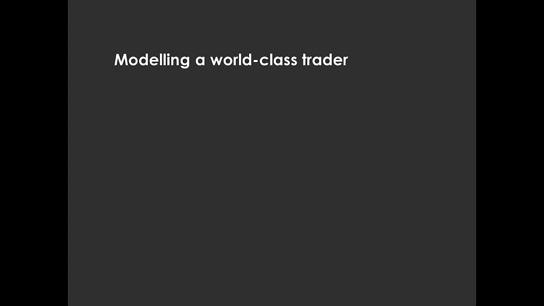The first thing you need to know is that this can be a real person or a mental construct. Okay, so what I need you to do here is either pick a world-class trader that you know, or it doesn't have to be someone that you know, maybe someone that you've heard about. Maybe you've watched a documentary about them and they just really impressed you.